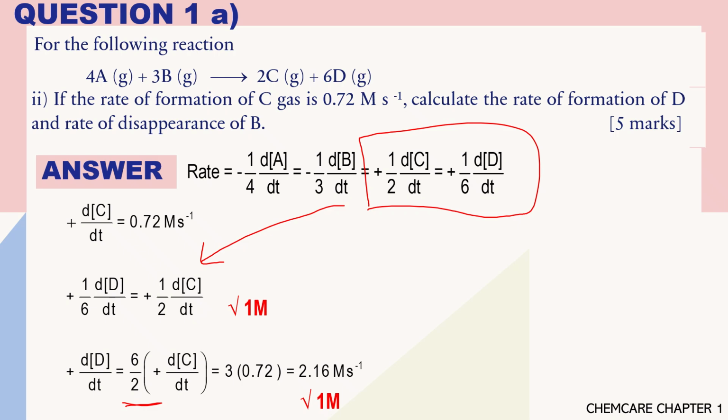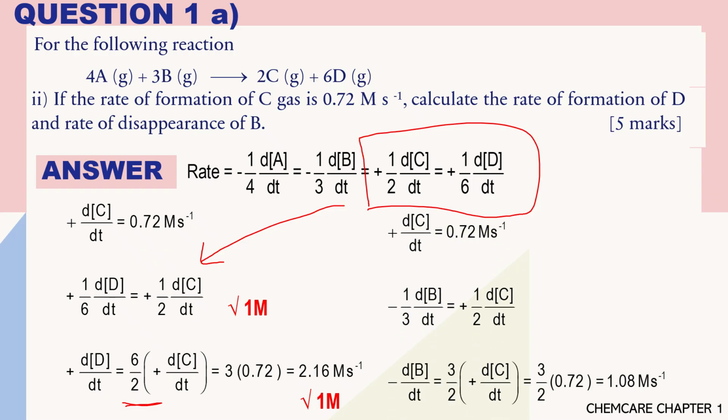M s negative 1. Okay, and then to calculate the rate of disappearance of B, again we need to take the relationship between B and C. Okay, so negative 1 over 3 dB over dt equals to positive 1 over 2 dC over dt. So now we want to find the rate of disappearance. That's why we have a negative sign in front of the dB over dt equals to 3 over 2 multiply the value 0.72.